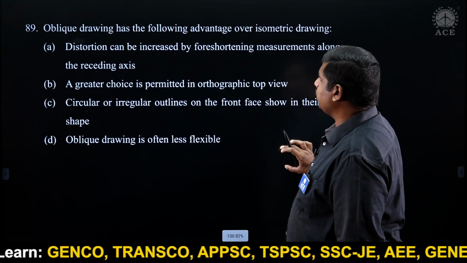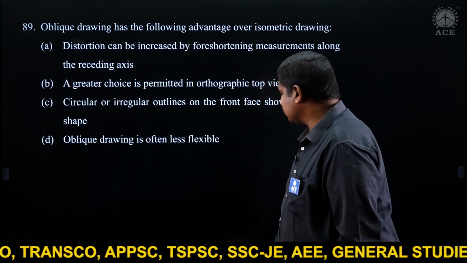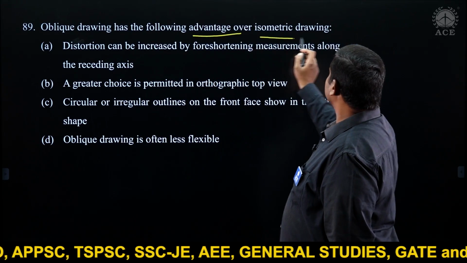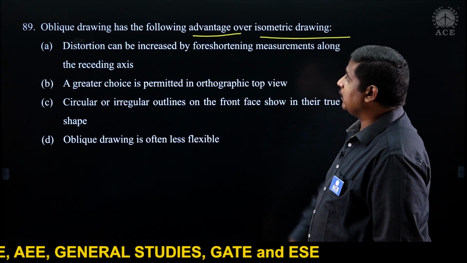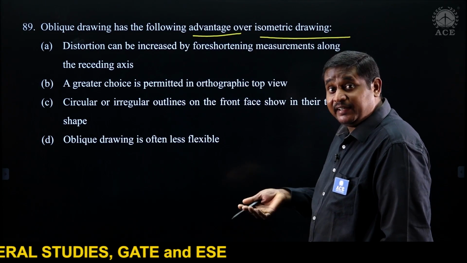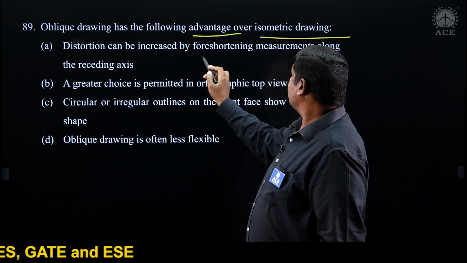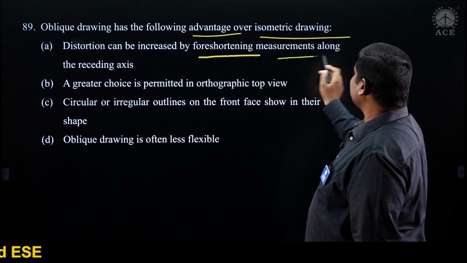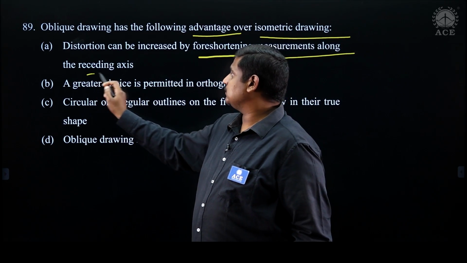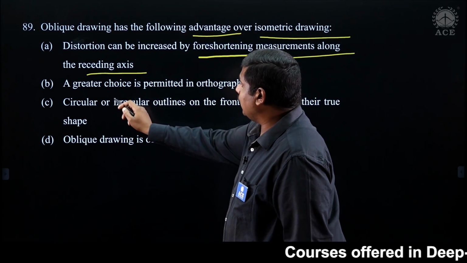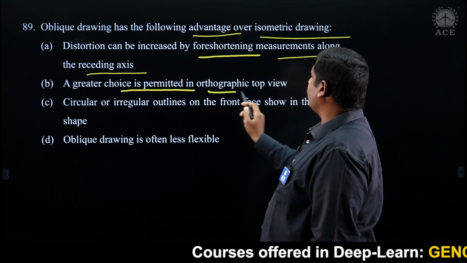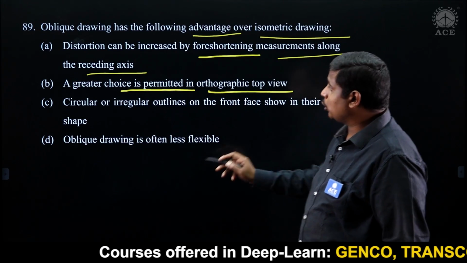Next question. Oblique projections have the following advantage over isometric drawings, my dears. What is option A? Distortion can be increased by foreshortening measurements along the receding axis. Option B. A greater choice is permitted in orthographic top view. Both are not valid.